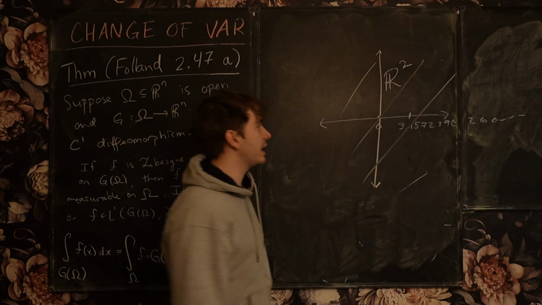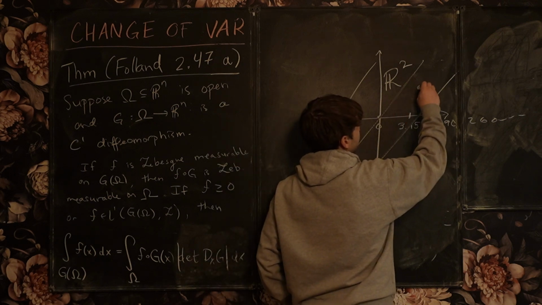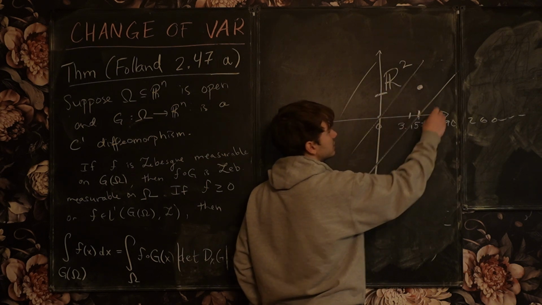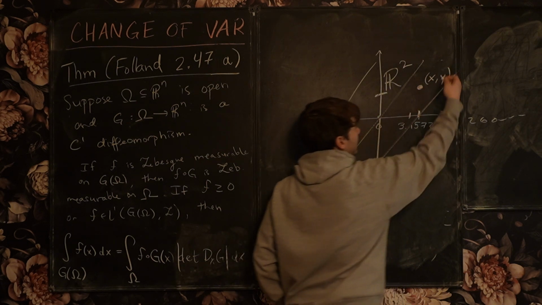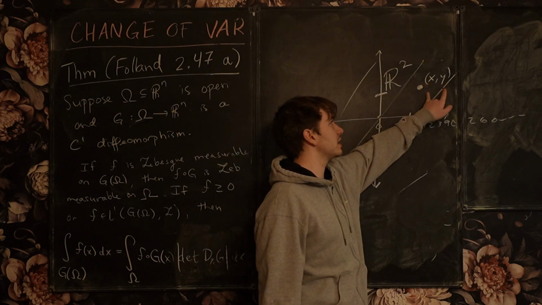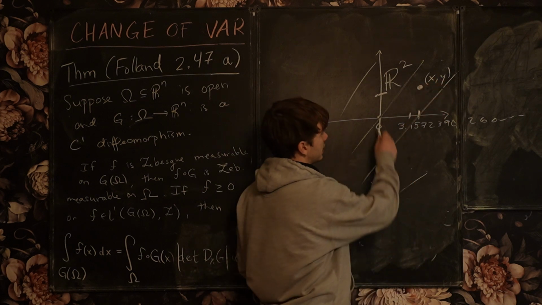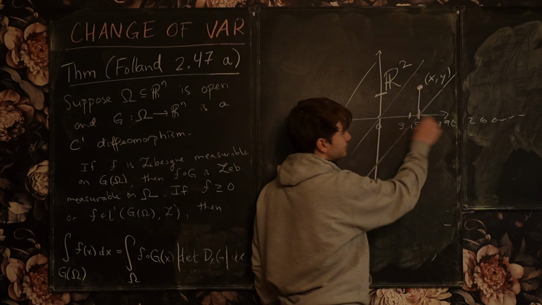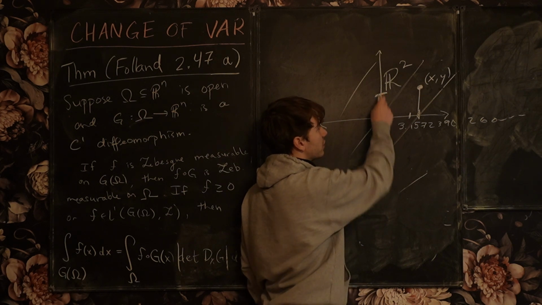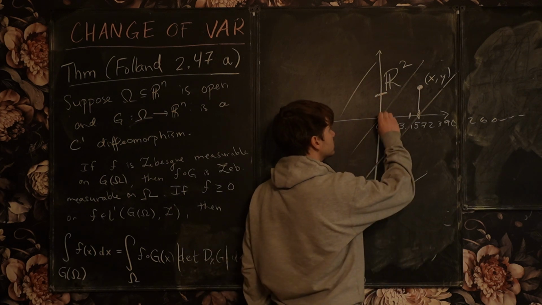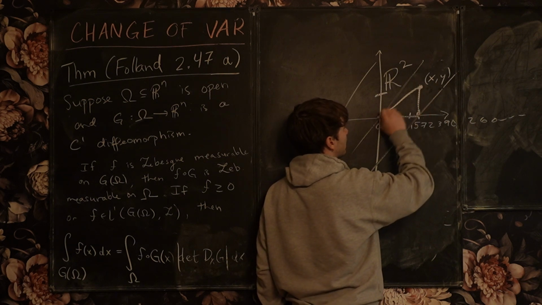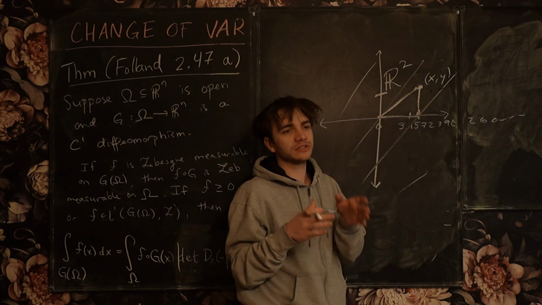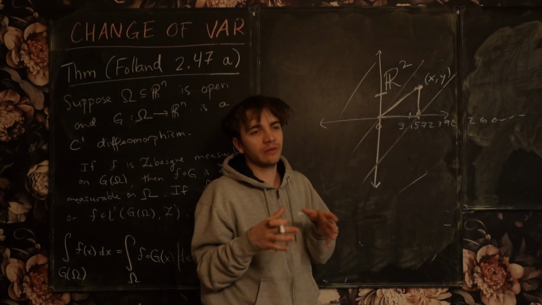Every point on this plane can be described in terms of its x coordinate and its y coordinate. So any point on the plane, I can describe with two real numbers: how far it is to the right of 0 with respect to the x-axis, and how far above 0 it is with respect to the y-axis. Every point can be found on a triangle, and the base and the height of that triangle are the two real numbers that I need to specify to know exactly where I am in the plane.